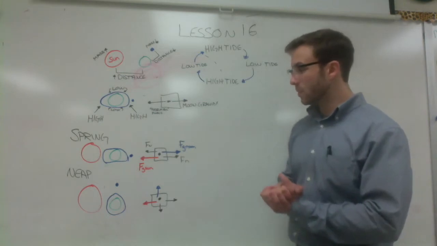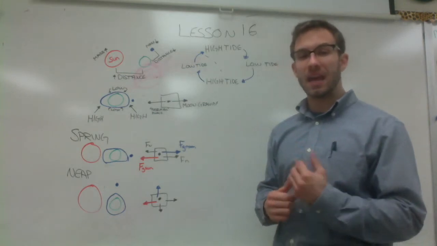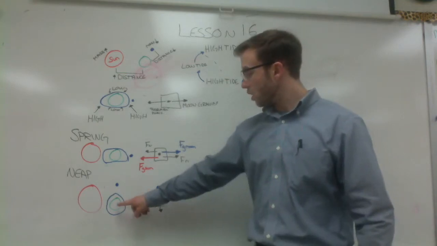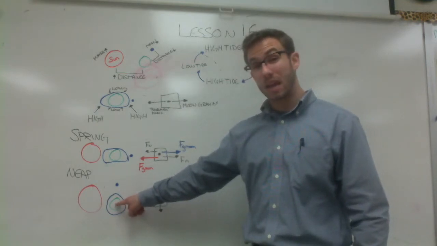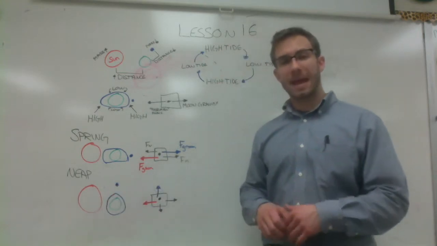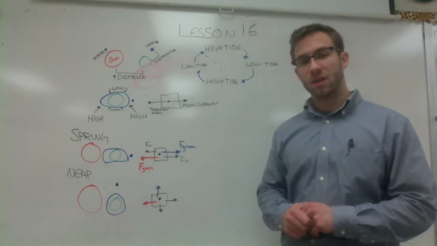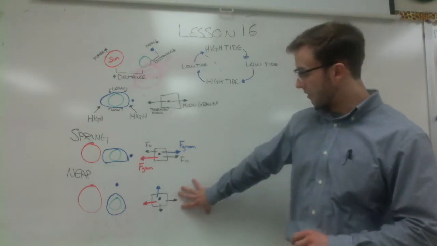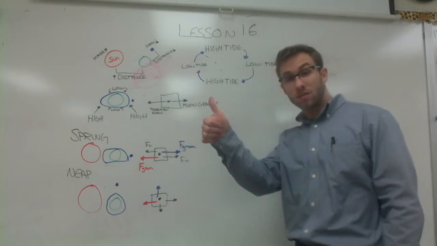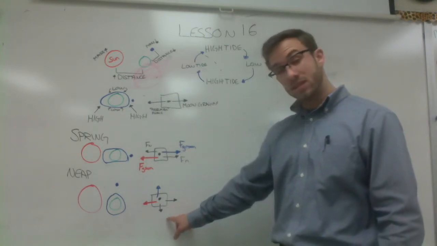The last case that we have is called the neap tide, N-E-A-P. And what a neap tide shows us is that when the earth is in a 90-degree angle with both the moon and the sun, we see a different pattern of tides occur. And what happens here, by looking at the free body diagram, is that we have the moon pulling up, or in whichever direction it is, being reciprocated by a force down.